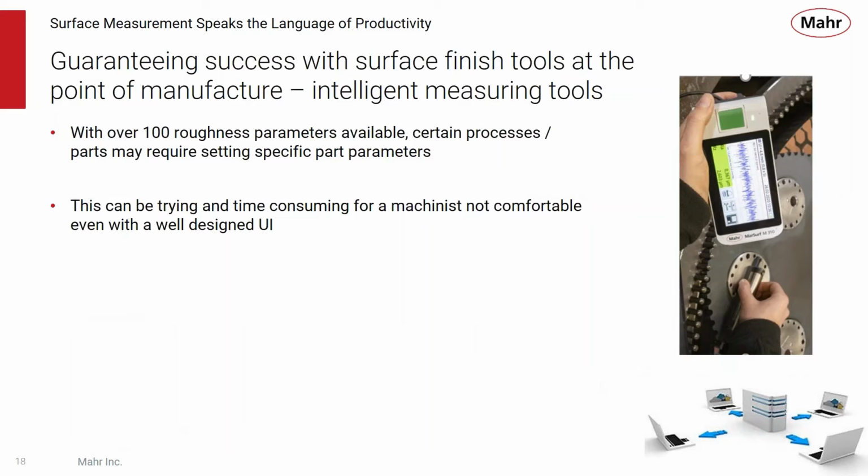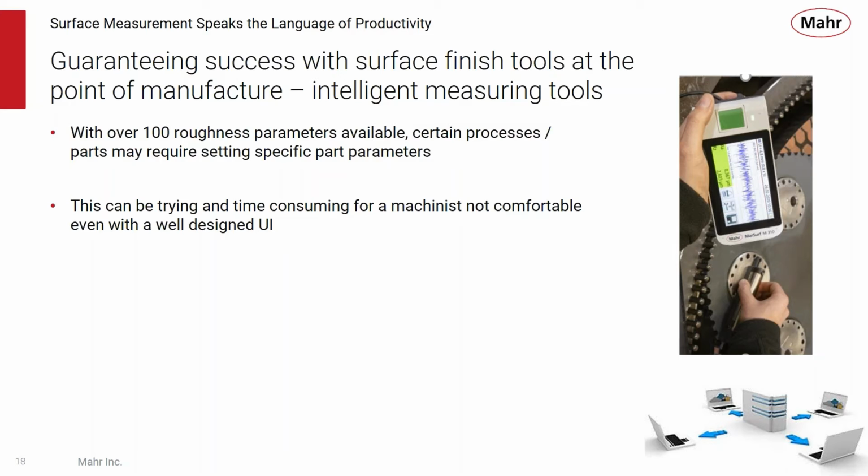So with over 100 roughness parameters available, certain processes or parts may require different specific part parameters. Now, even with the easiest to use instrument, this can be a complex setup function.